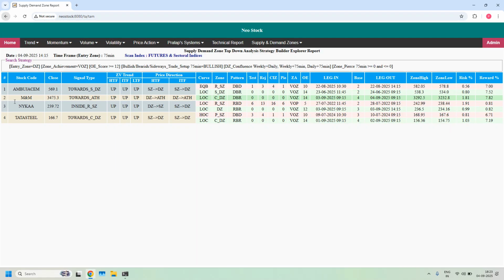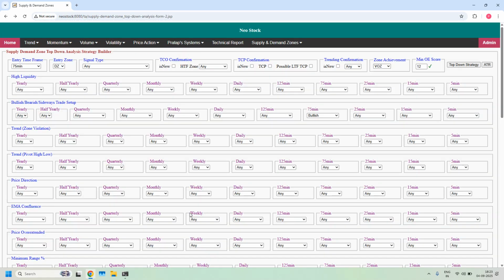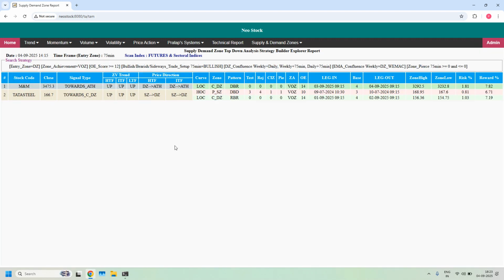So we can further filter with weekly EMA confluence for weekly demand zones. By enabling the filter, we got 2 stocks. These 2 75 minutes demand zones might have a higher probability of success, provided less than 20 checklist items are satisfied. Otherwise, there are higher chances for zone violation.